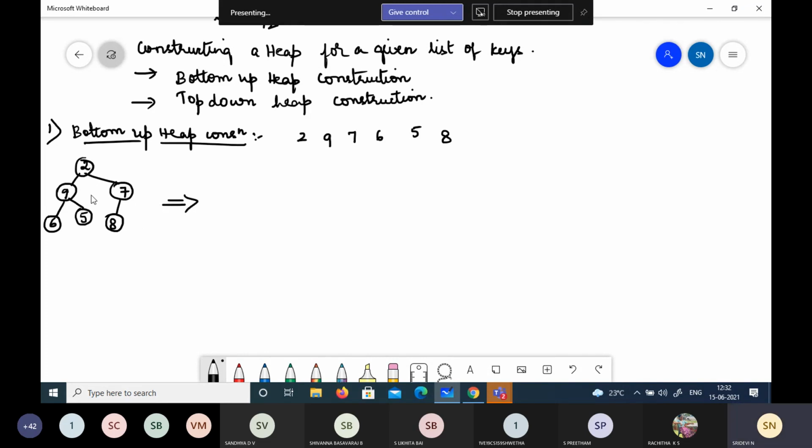Which are the parents here? 2, 9, and 7. Leaf nodes are 6, 5, and 8. So this will be the parent position and this will be the leaf node position. We'll take the last parental node and check whether parental dominance is there. Is parental dominance holding good here? What do you mean by parental dominance?